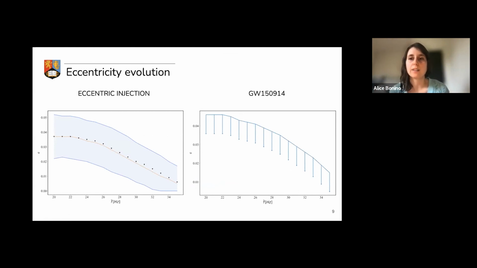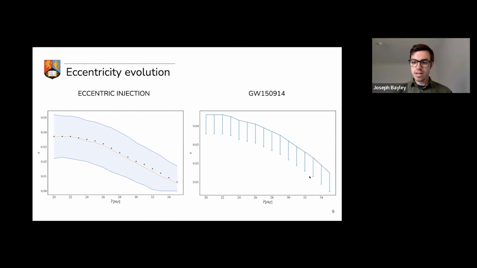For example, I didn't use a spin in this case, so there are other factors that can influence this analysis. But for the upper bound, this is quite reliable. This is also what we found from the LIGO analysis, that the system doesn't seem eccentric. Maybe with a more accurate analysis, we could also lower this bound.